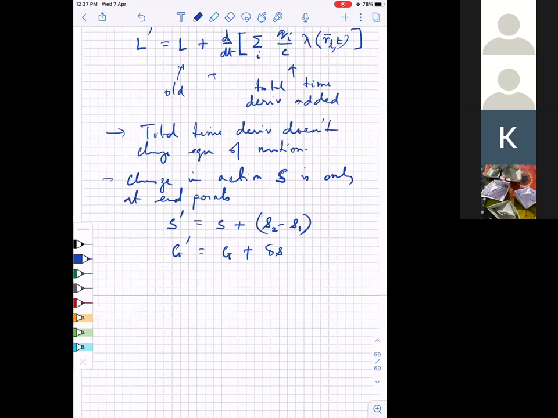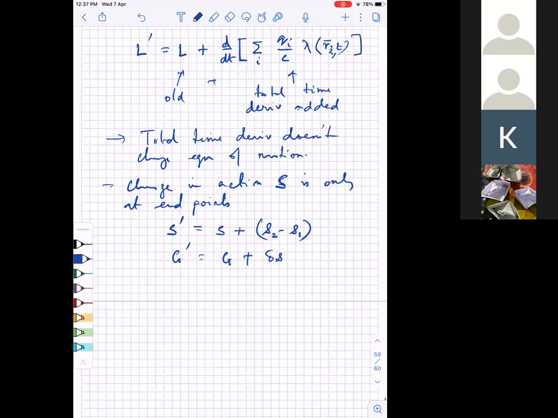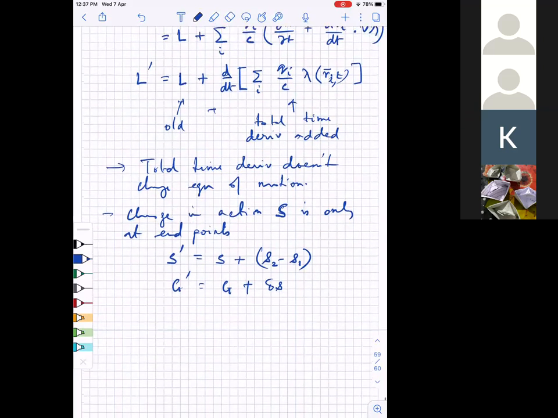Now, what I want to do is go a little more to understand what this means. So we have first found this important relation that due to gauge transformation, the Lagrangian is changed by an addition of a total time derivative. And we recall that if we have a total time derivative, then that does not change the equation of motion.